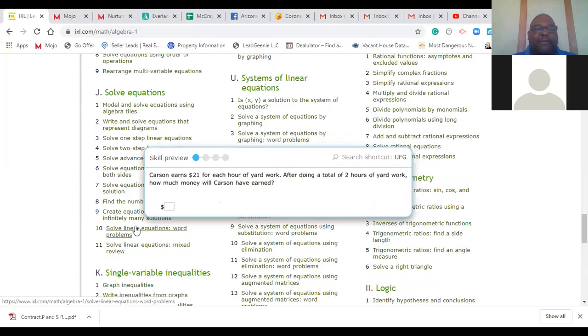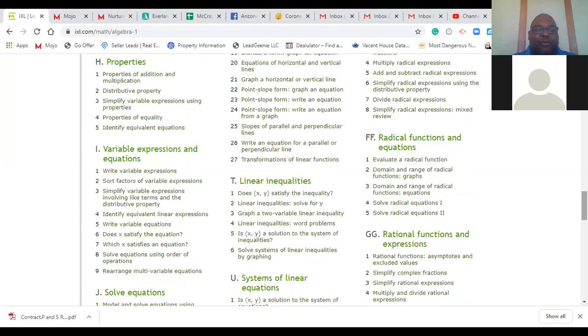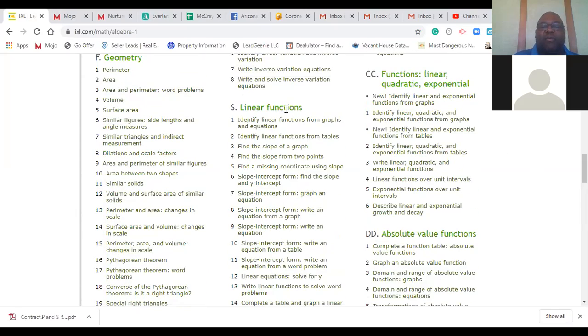Carlson earns $21 for each hour. Okay, and I suggest that you do. I didn't actually say linear inequalities, but that could come up. I'm not sure on your test. Okay. I said linear functions, definitely.